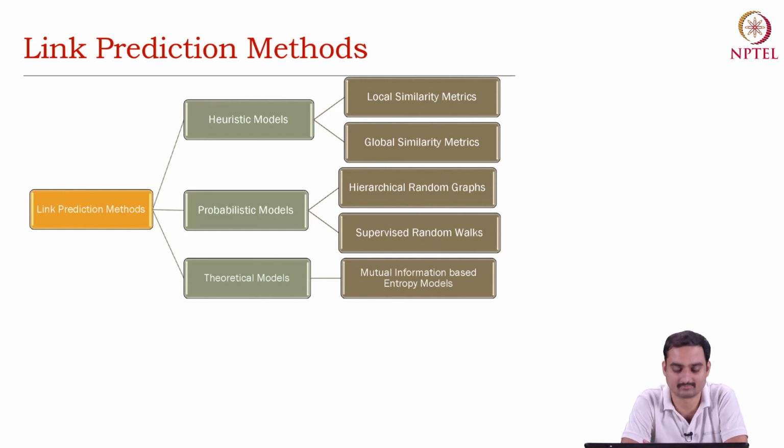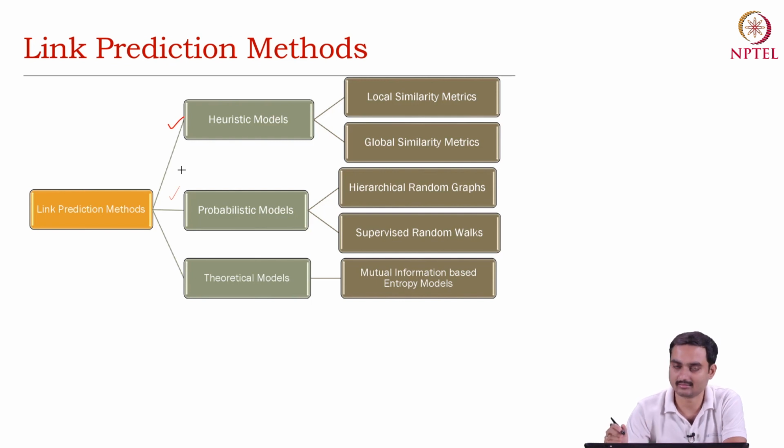If you look at the taxonomy of link prediction methods, you can see that mostly they are divided into three categories. The first one is heuristic based models, where we take some heuristics about the node attributes and the connection properties, and based on that set of heuristics, we predict whether this link exists or not.